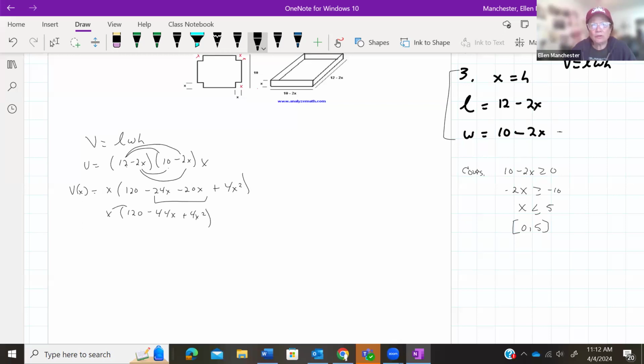And now I can distribute this x through. So my original objective function is 120x minus 44x squared plus 4x cubed. Okay, so I'm going to rearrange this because it just makes me feel better about myself that I have it in descending order.